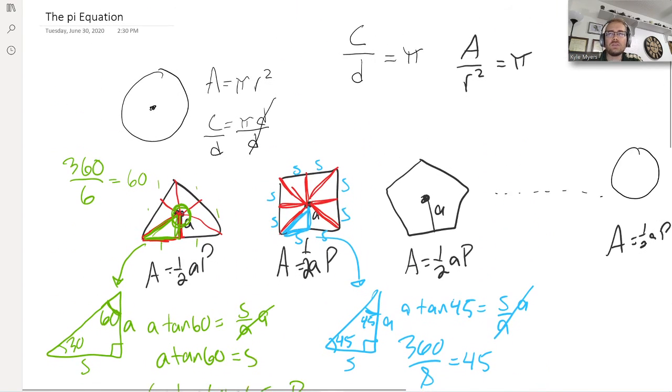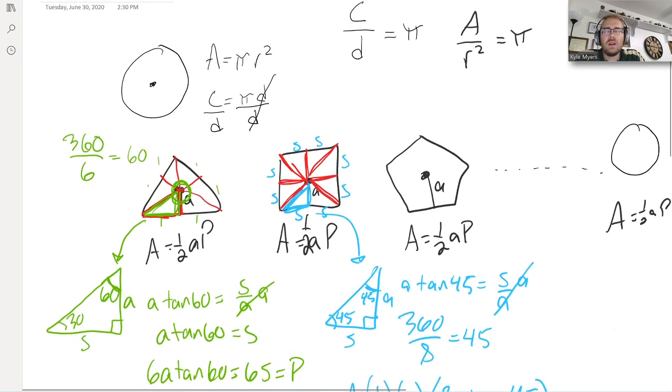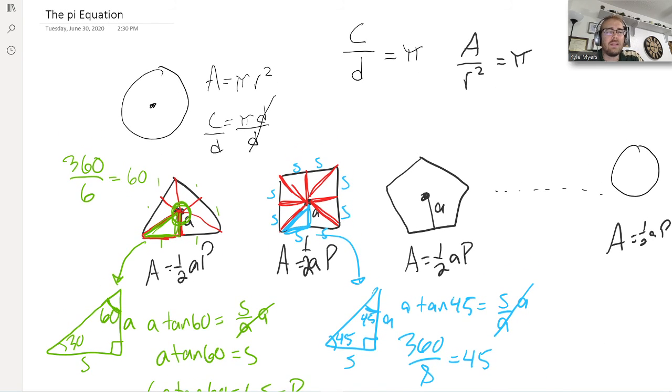So actually, this geometry topic would be under area and perimeter, when you're finding the area of regular polygons.